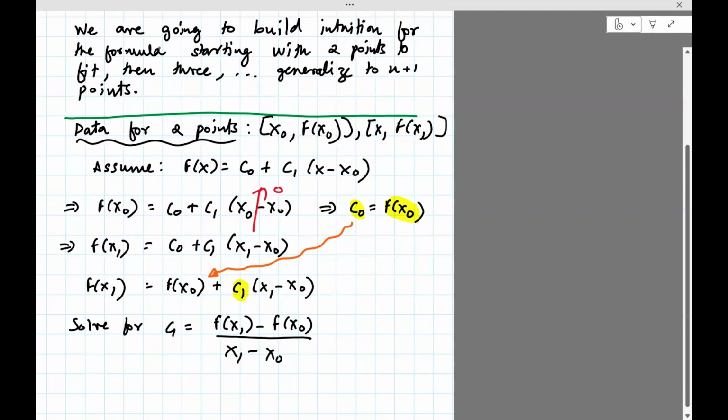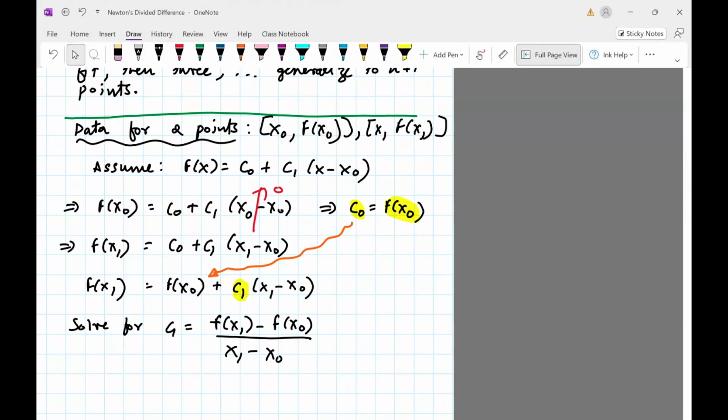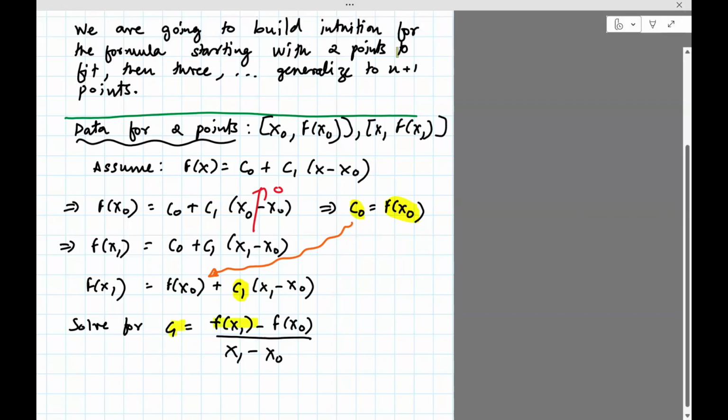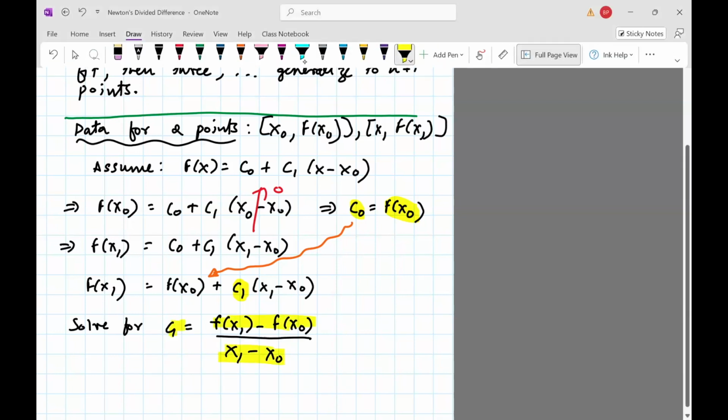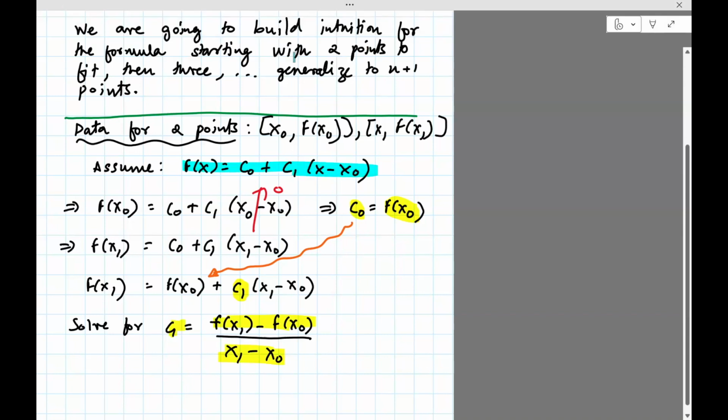It's just that formula, the difference in the y coordinate divided by the difference in the x coordinate. So with that, we have essentially solved for the constants, and hence we have solved for the equation of this straight line.